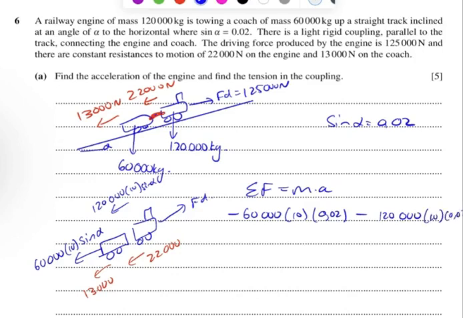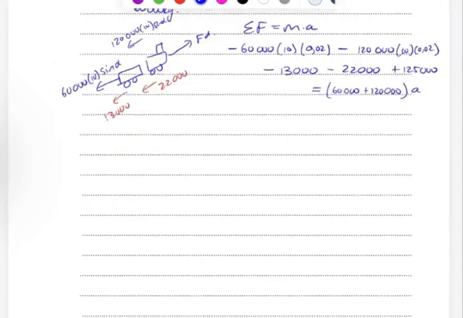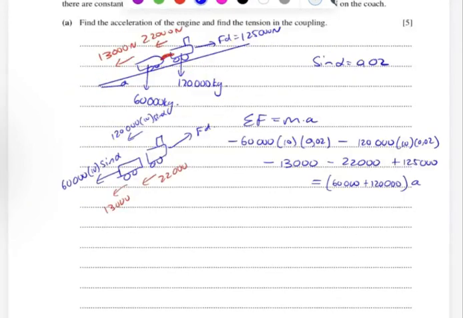So minus that, minus my frictional force, minus my other frictional force, plus my driving force, and all of that is equal to my combined mass times acceleration. That's a lot of summing going on there. I should have probably just done it all in one line. But make sure you're typing in everything correctly.